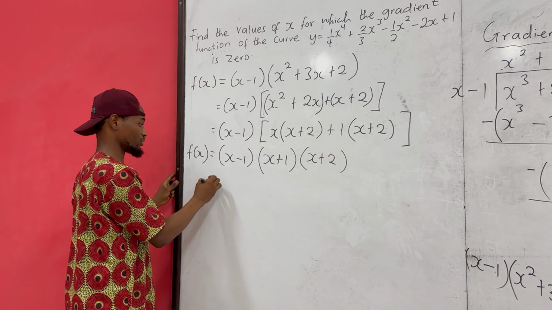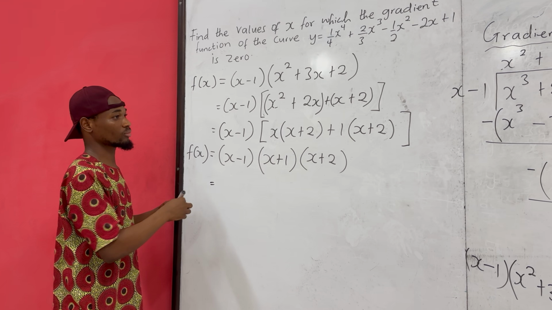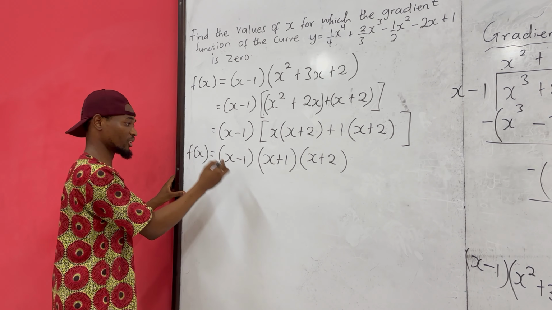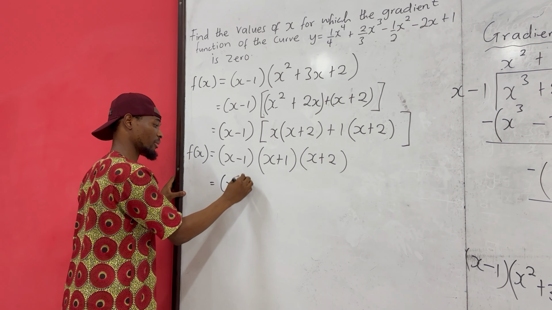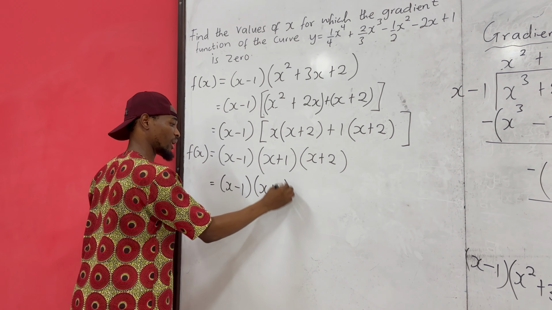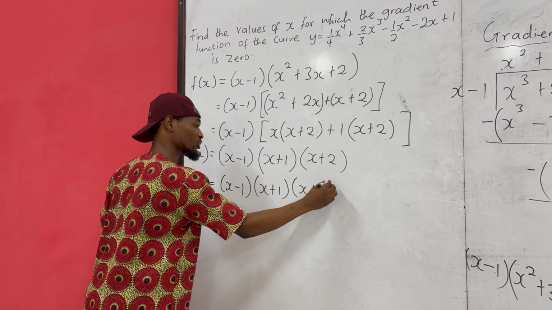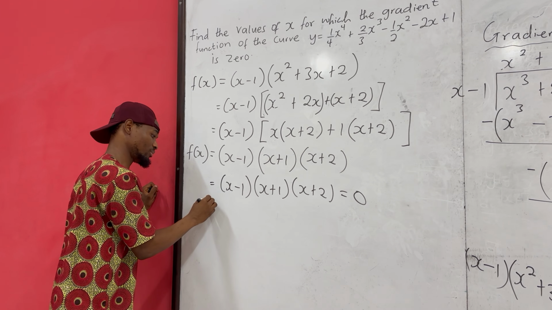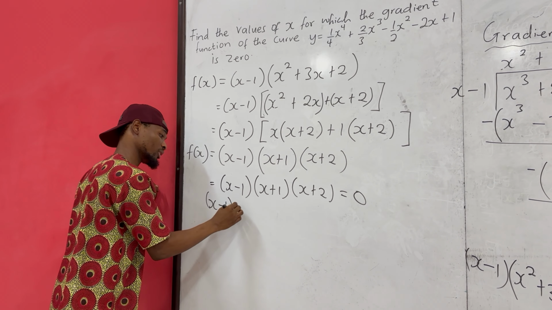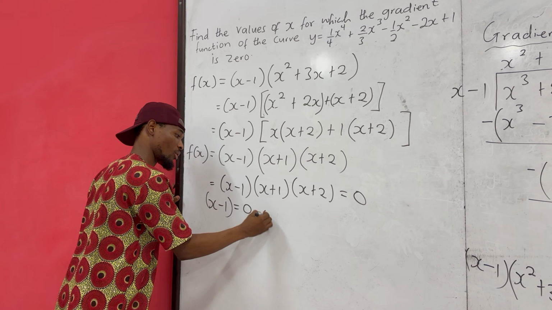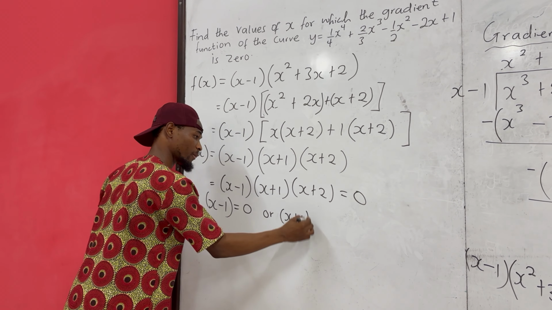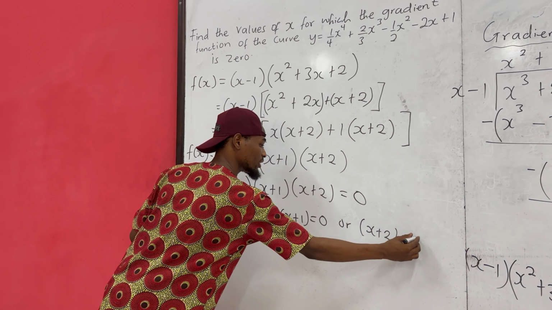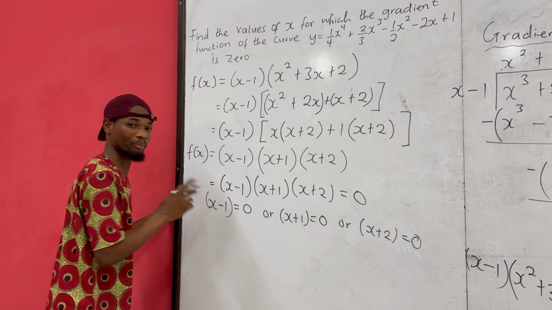So therefore, when I equate this to 0, if I have x minus 1, x plus 1, x plus 2 equal to 0, then you can say that x minus 1 is equal to 0, or x plus 1 is equal to 0, or x plus 2 is equal to 0, using the factor principle.